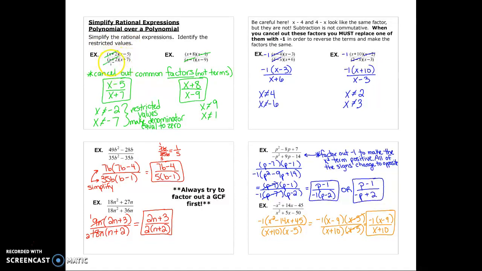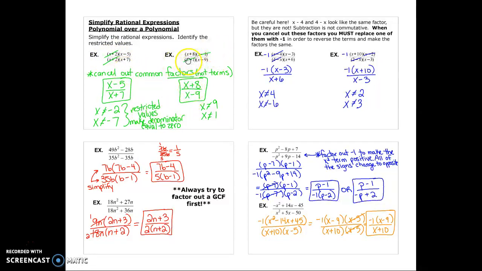If x was a negative 2, plus 2 would give me a 0 here in this parenthesis, which is not allowed to happen. So x is not allowed to be a negative 2. Also, negative 7 plus 7 would give me a 0 for this parenthesis in the denominator. So because of that, x is not allowed to equal negative 7. Okay? It's anything that will turn your denominator equal to 0. The numerator can be whatever it wants. Denominators are not allowed to be 0 because remember, you're never allowed to divide by 0.